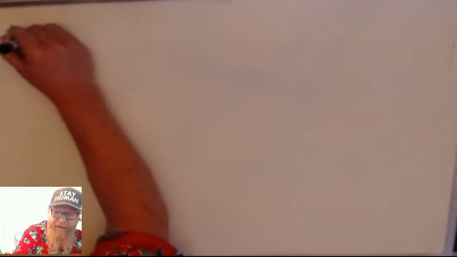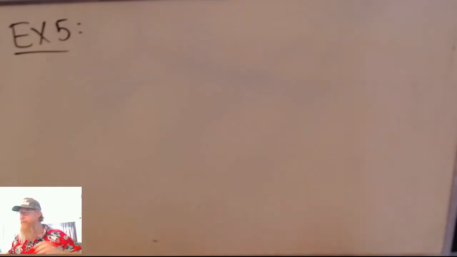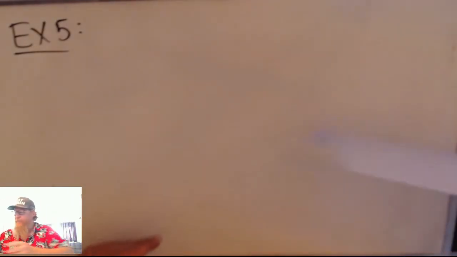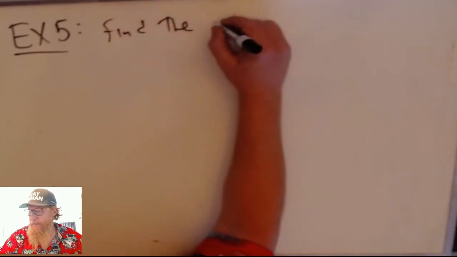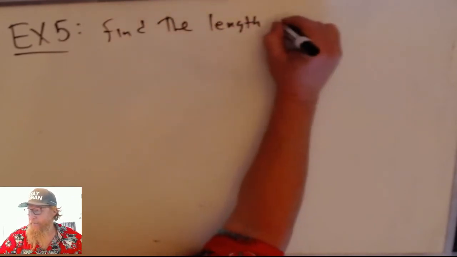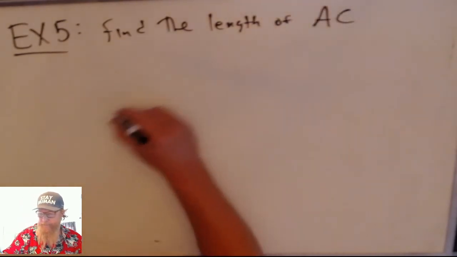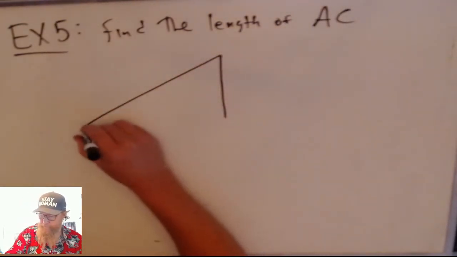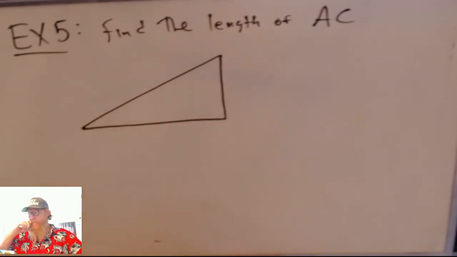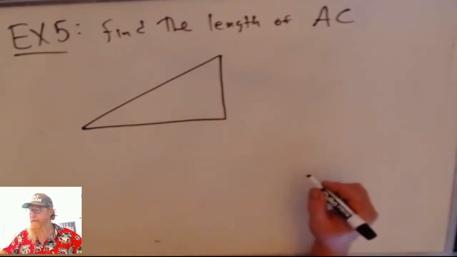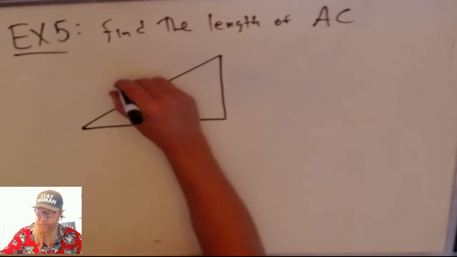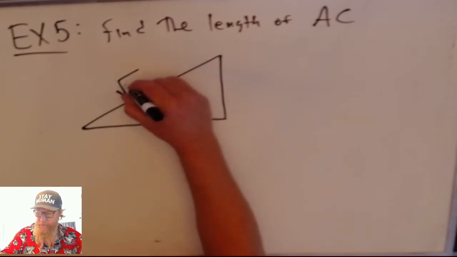All right, so example 5. It's going to be a much shorter list of examples this time. Find the length of AC. Okay, so this side AB is the square root of 20.